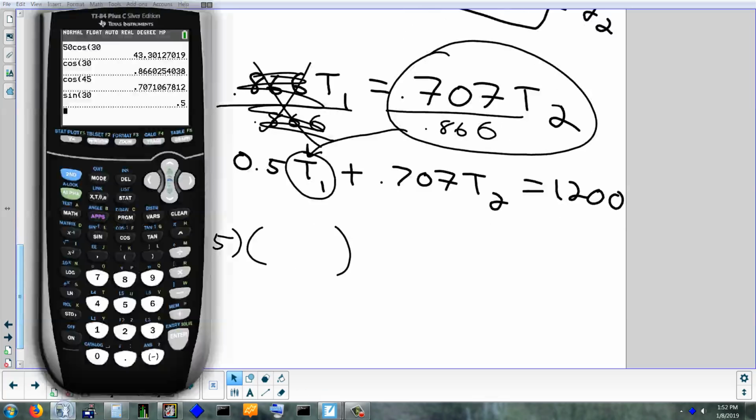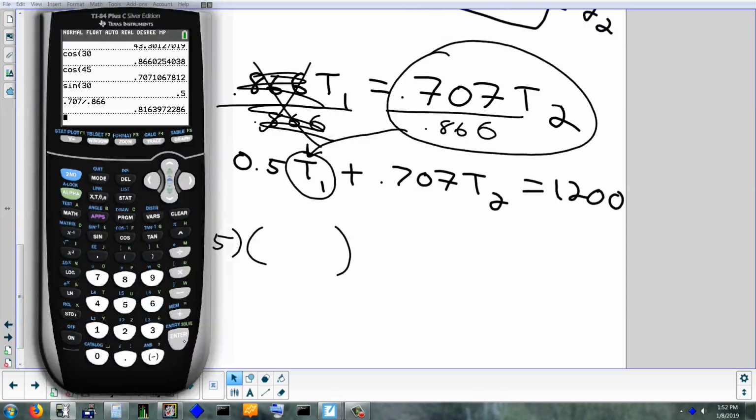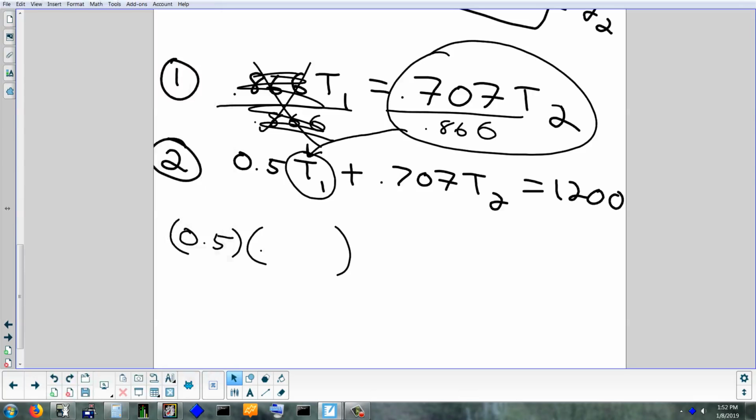0.5 times, let's do that. 0.707 divided by 0.866 is 0.816. That's that part. Now, copy down the rest.